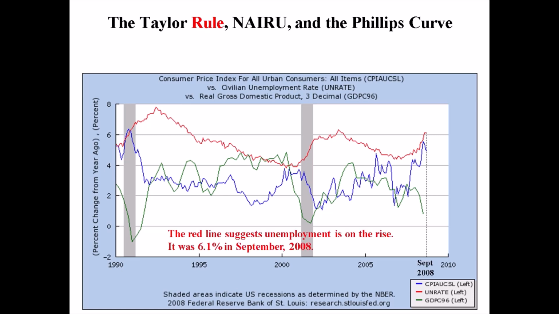So in September 2008, the unemployment rate was about 6.1%, and the trend in the red line suggests that unemployment's on the rise. And when unemployment's on the rise, usually a recession has already happened. The NBER didn't date the start of the recession until, I think, December of 2008.